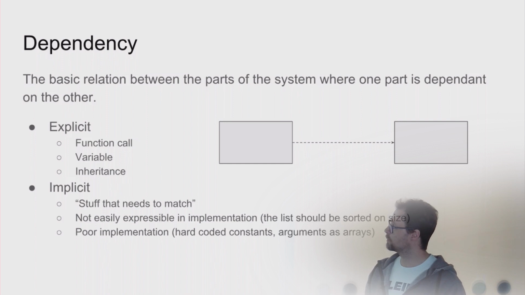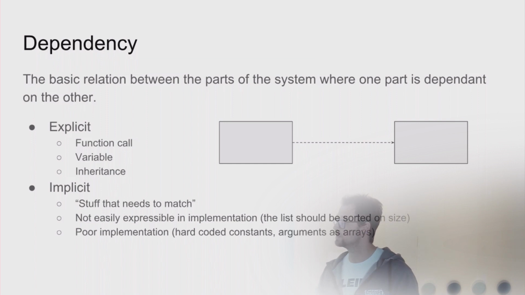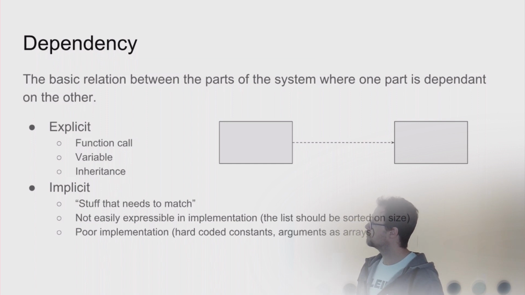So each of these boxes represents some part of the system, and one part is dependent on another part, and we show that visually with this dashed line and an open arrowhead. So the left box is dependent on the right box here.